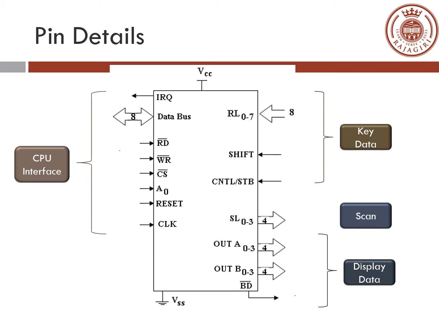So on the left hand side we have an interrupt request going out, which indicates when the buffer inside the 8279 is full. And then we have an 8-bit bidirectional data bus which talks to the microprocessor, D0 to D7.